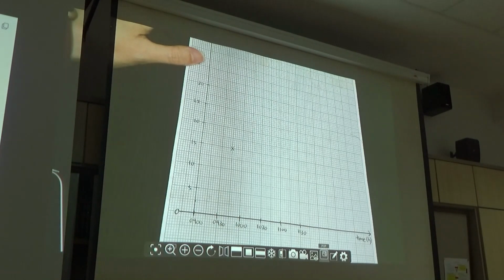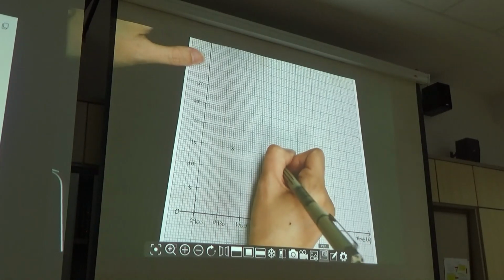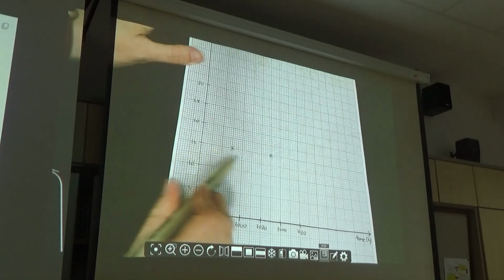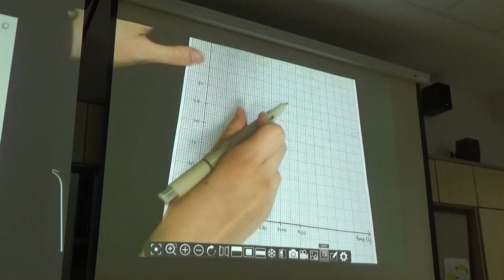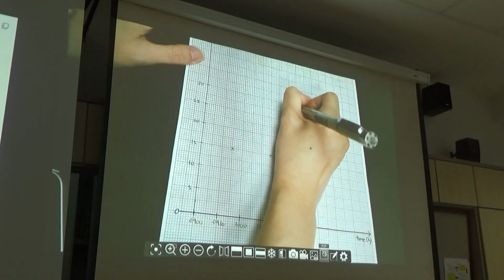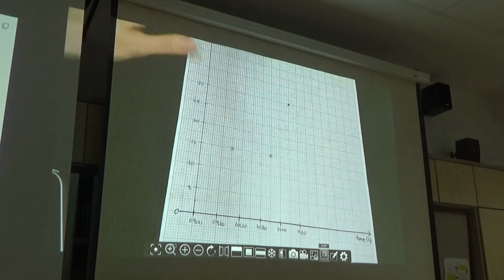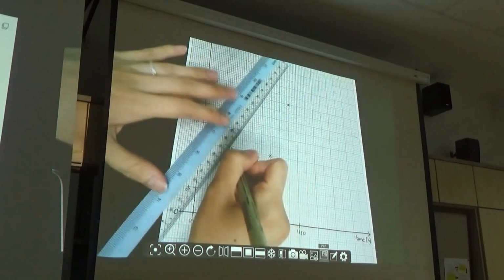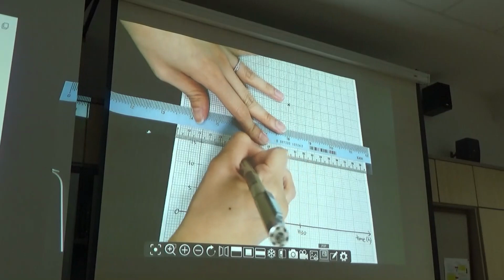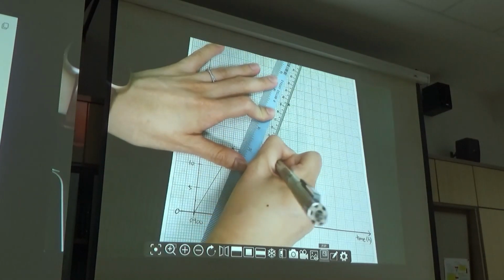Then after that, it continues moving at 10:45 from where he was at 15 kilometers, and then goes upwards and stops at 11:15 for 30 kilometers. So eventually, your graph will look something like this.